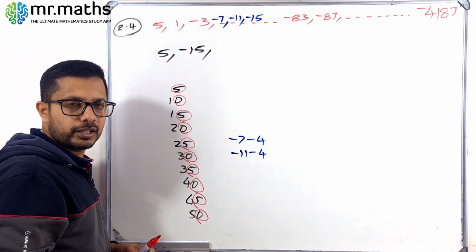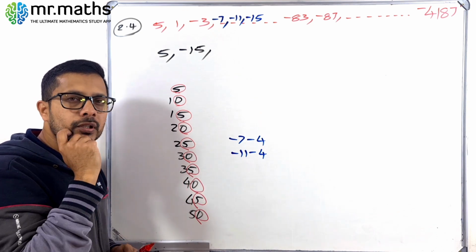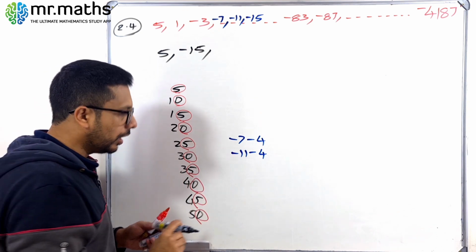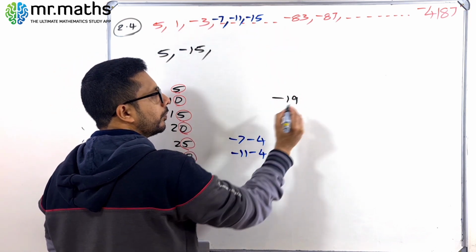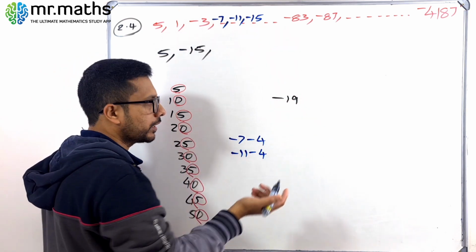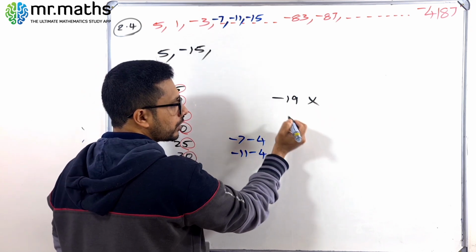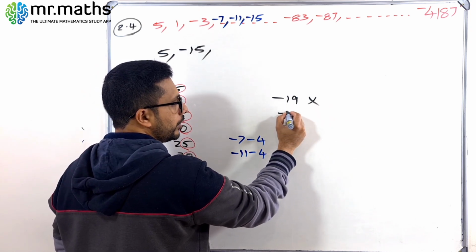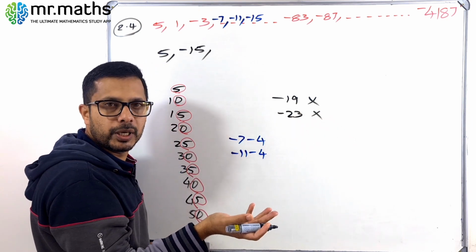Do you understand? Okay, so then you just subtract 4 from that number to get the next term. So after minus 15, it is minus 15 minus 4, minus 19. No. Okay, then minus 19 minus 4, that is minus 23. No, it's not divisible by 5.